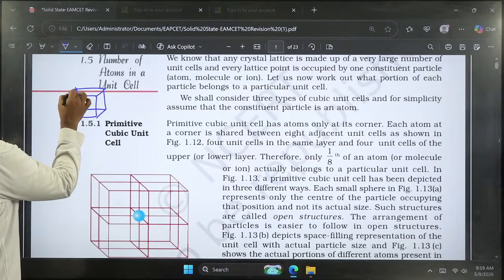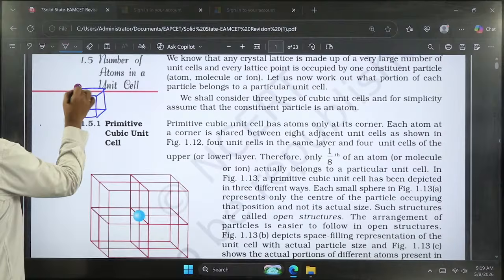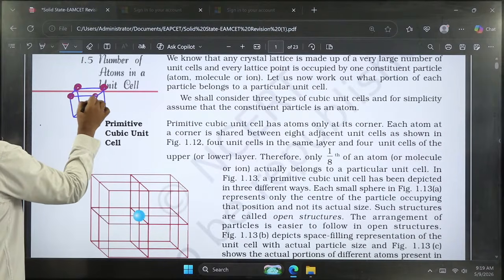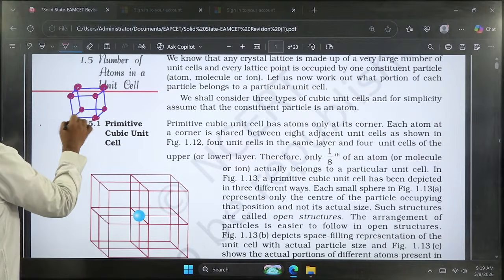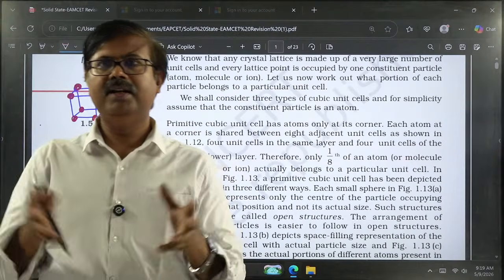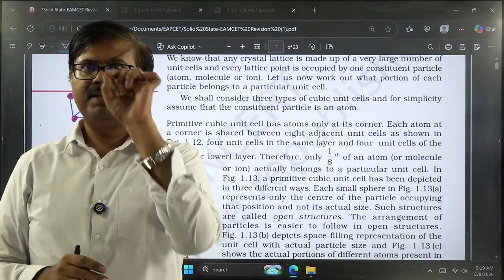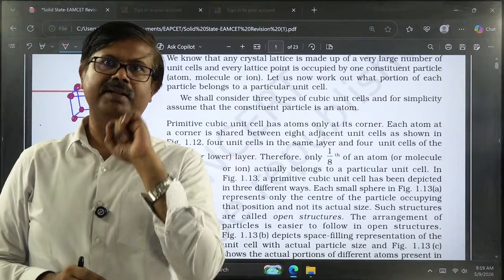Now in this unit cell, if atoms are present only at the corners, like this, atoms are actually spherical, but for the sake of clarity, we will represent these spherical atoms as points, which are called lattice points.